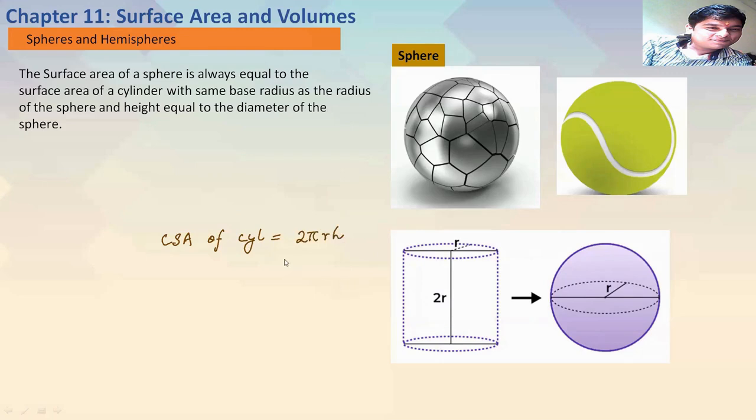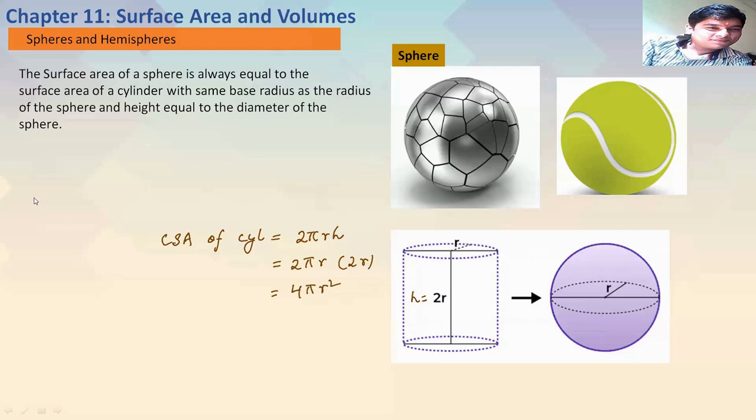Okay, sir. Now, what is h over here? 2r. So 2 pi r times 2r. What is it going to be? 4 pi r square.